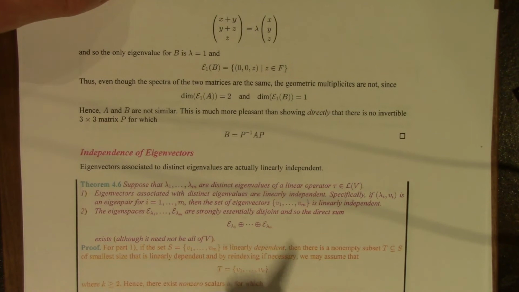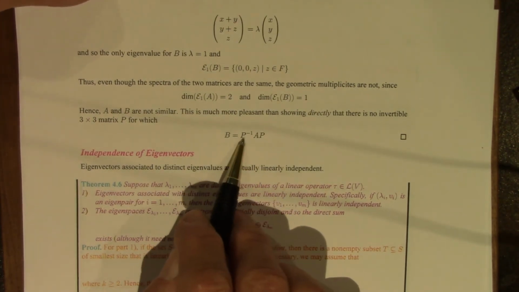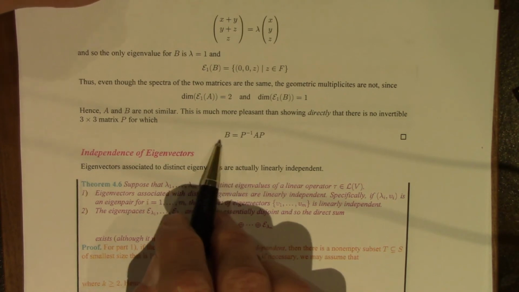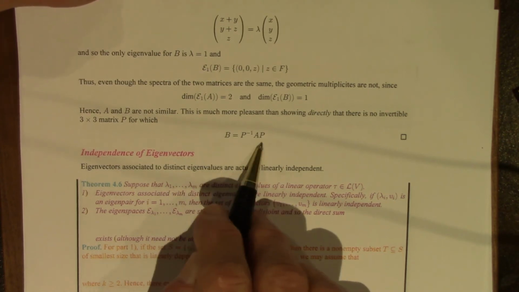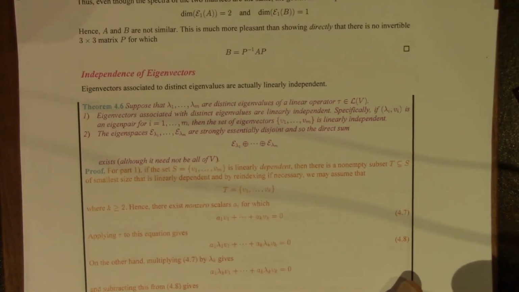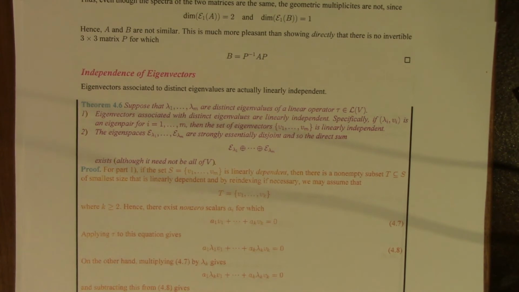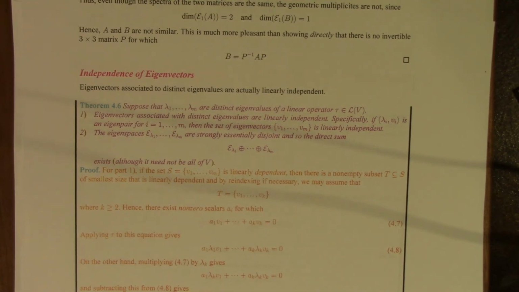And that, again, is much more pleasant than showing directly that there's no invertible matrix P for which this holds. Okay. So this is a good example of the value of invariants, even ones that are not complete.